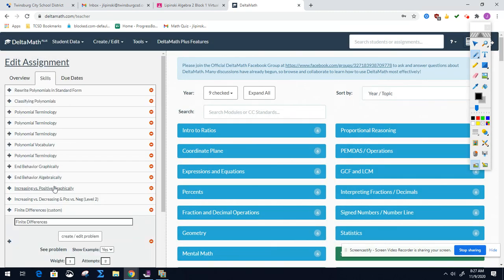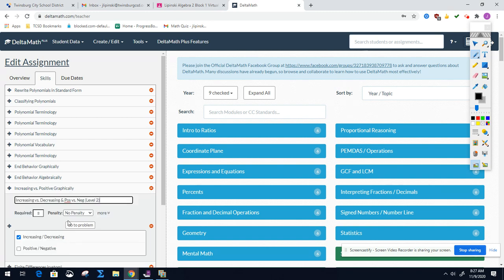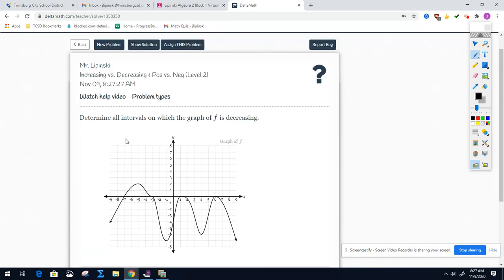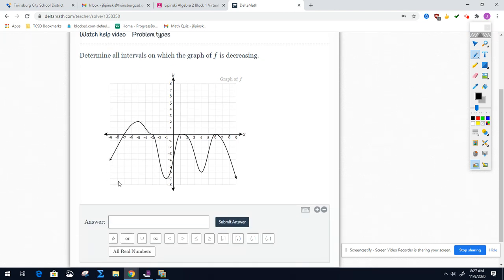So right here, increasing versus decreasing, okay? So when we look at these problems, it's telling us to determine all the intervals in which the graph is decreasing. That means from left to right, it's going down. So if we look at this, okay, this is going up, up, up, up, and then at negative 5, it starts decreasing.